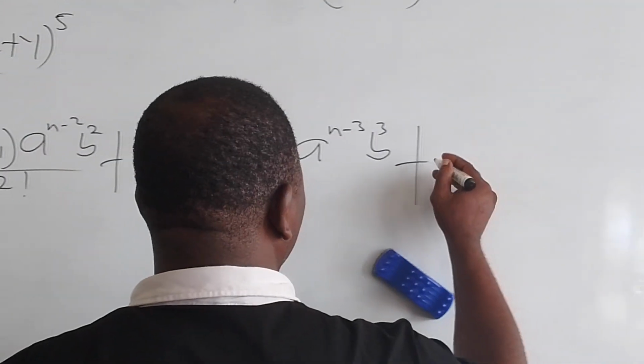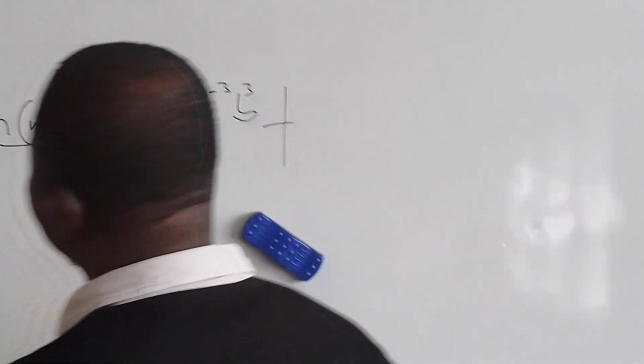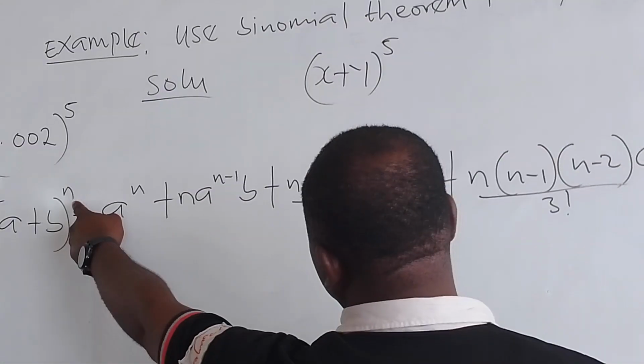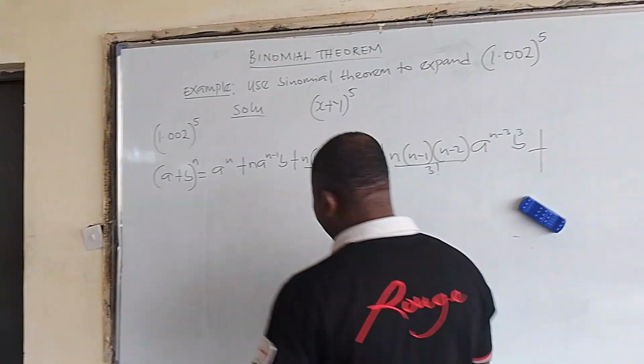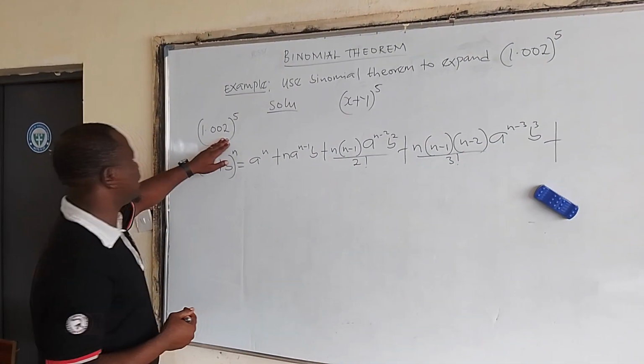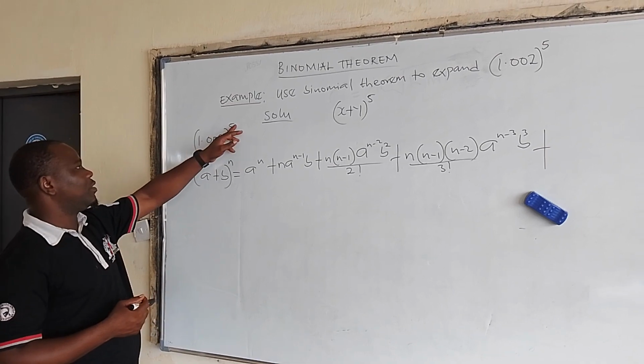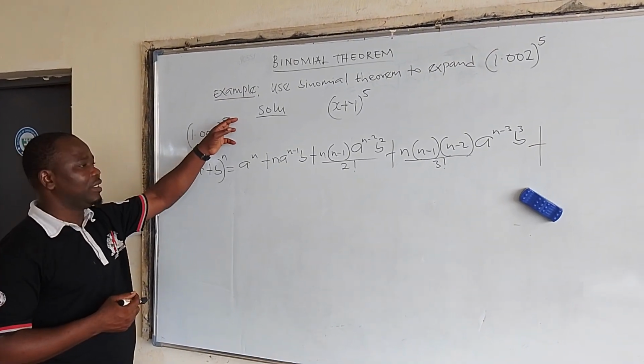And we can still continue, depending on the n that is there. Like this example that we want to look at, you discover that it is raised to power 5, isn't it?